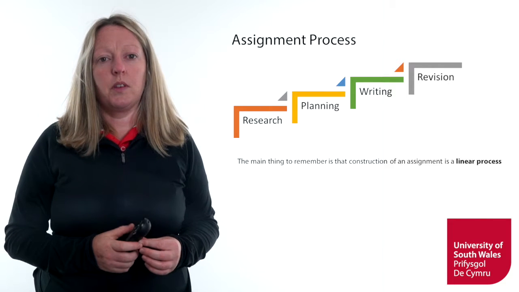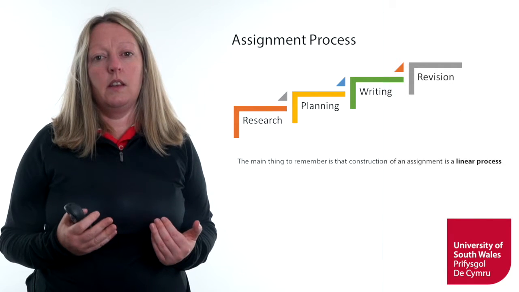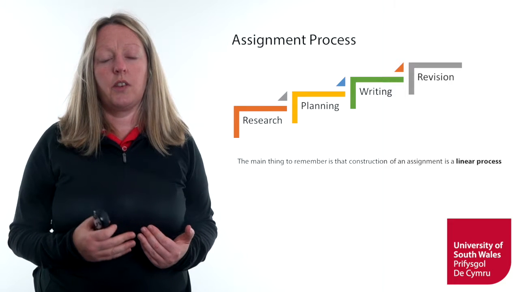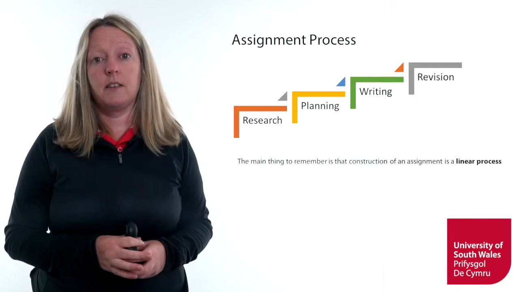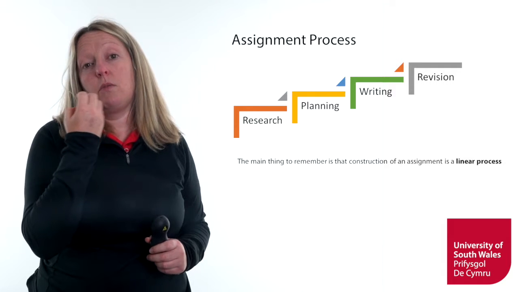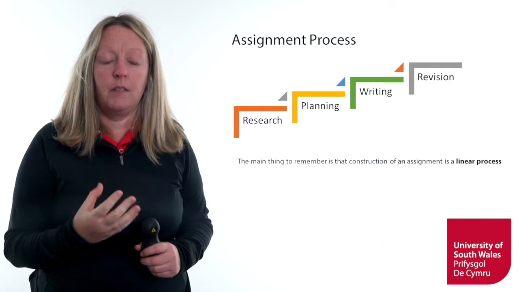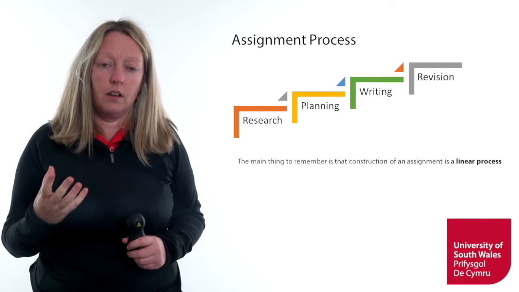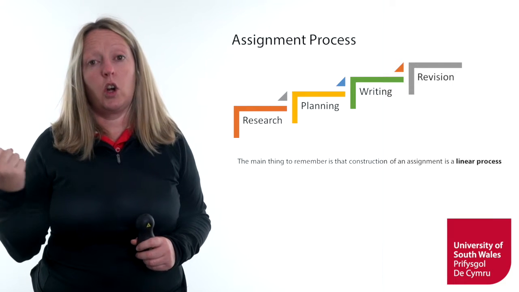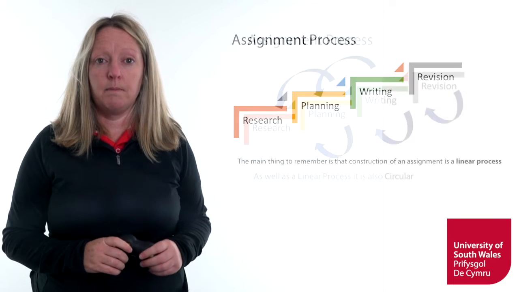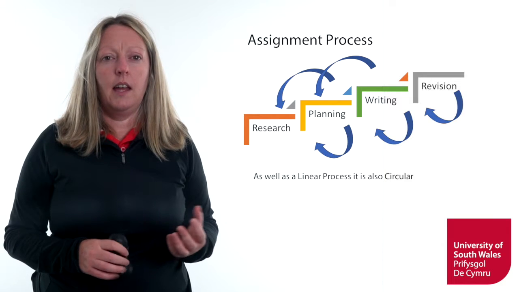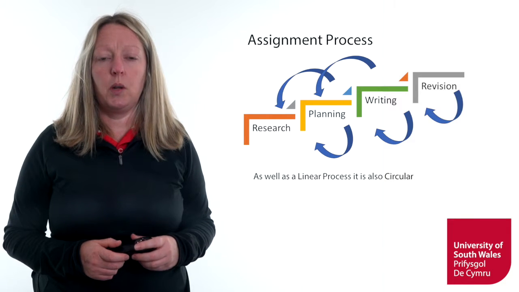So, the assignment process. The main thing to remember is that the construction of an assignment is a linear process. You're going to need to conduct some research and some planning. Then you're going to need to write and formulate that, and then go back and revise that content. As well as a linear process, it's also a circular process.